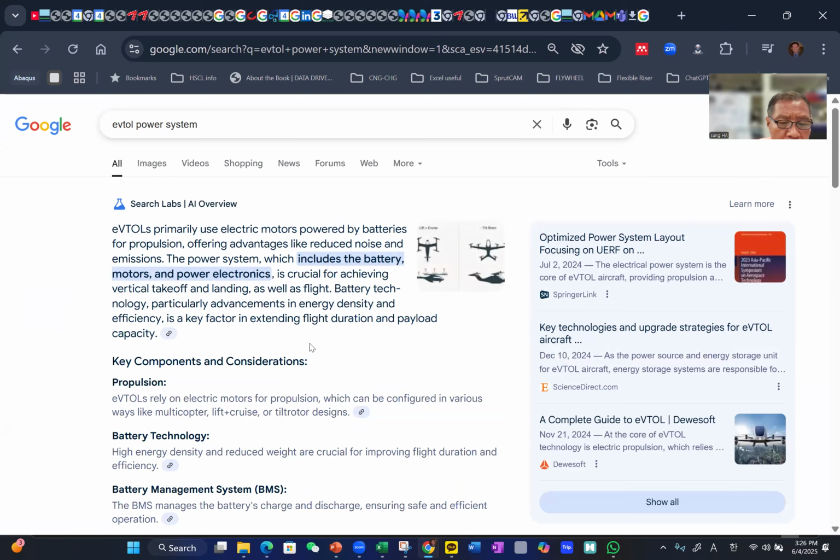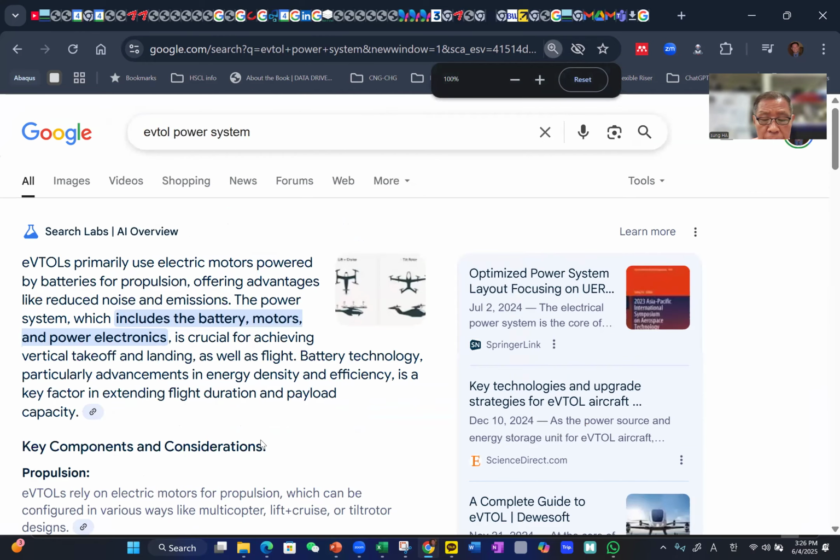We don't want to just copy and paste. We first need to understand, this is very important, the characteristics of eVTOLs and power systems. Again, this is important rather than just searching, copying, and pasting.